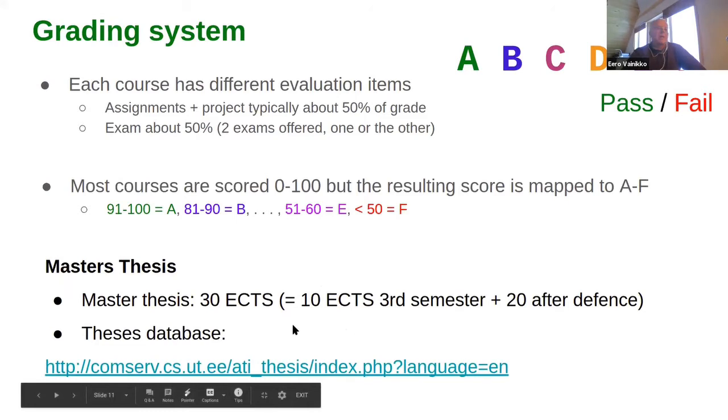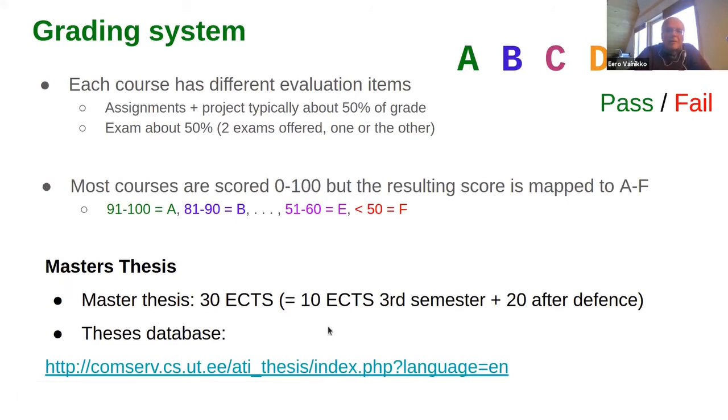It is worth looking at the thesis database where all the previous theses are available for you, and you can get an understanding of what a thesis looks like at our institute.